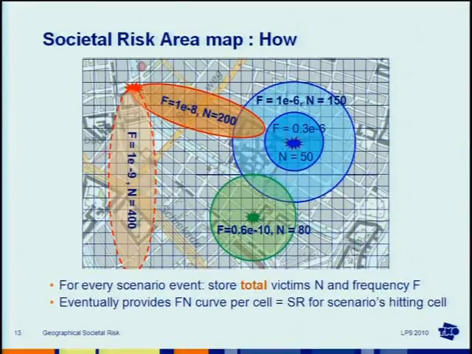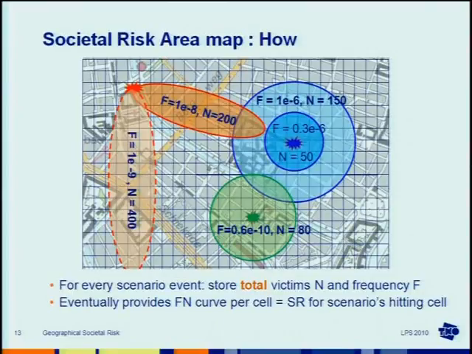Another way to use the same kind of information is not to store the number of victims per cell, but use the total number of victims that are occurring for the situation that wind is in this direction. And instead of storing the individual number of victims per cell, we use the total affected group, and this cell takes part of an event that has 200 victims.